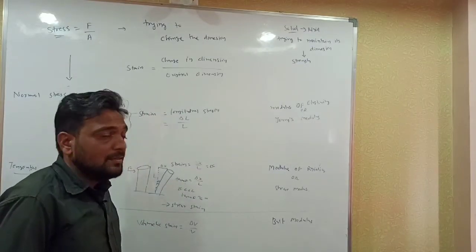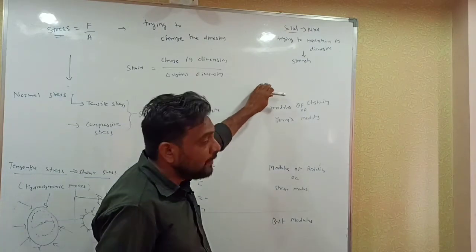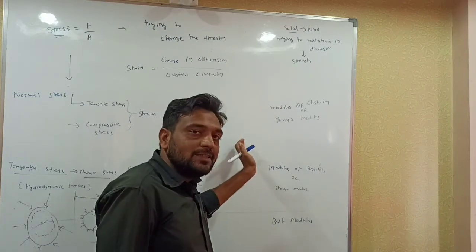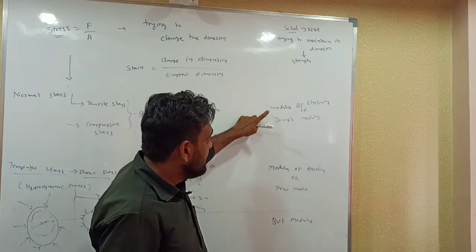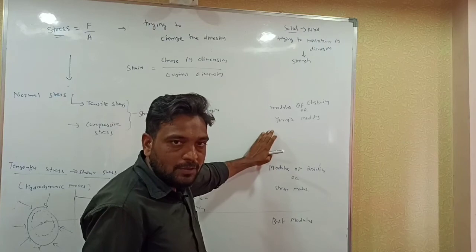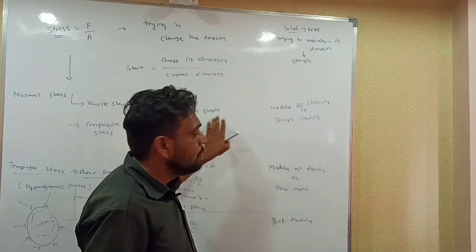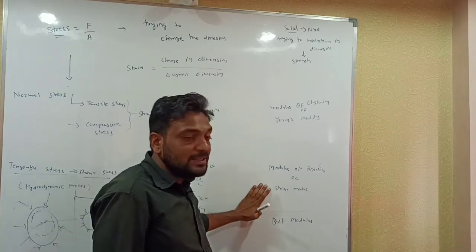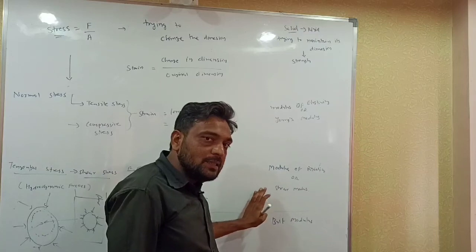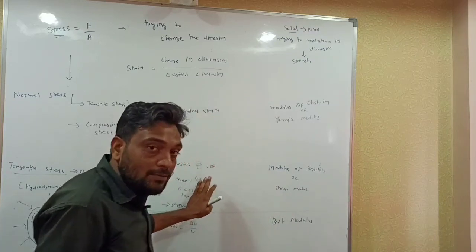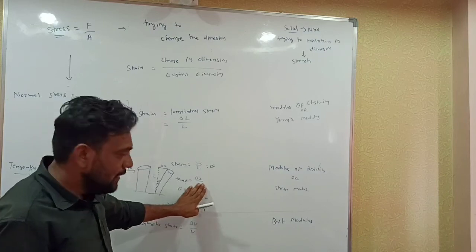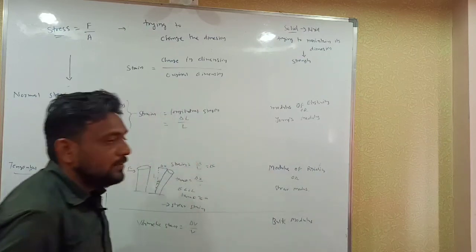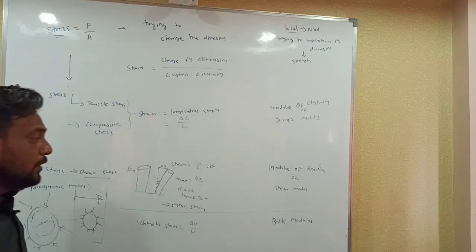I hope now you are able to differentiate between stress, strain, and the strength. So in the next lecture, we are going to discuss the properties which do not allow the dimension to change: the modulus of elasticity or Young modulus, which does not allow change in longitudinal dimension; the modulus of rigidity or shear modulus, which does not allow change in angular dimension; while the bulk modulus does not allow change in volume.